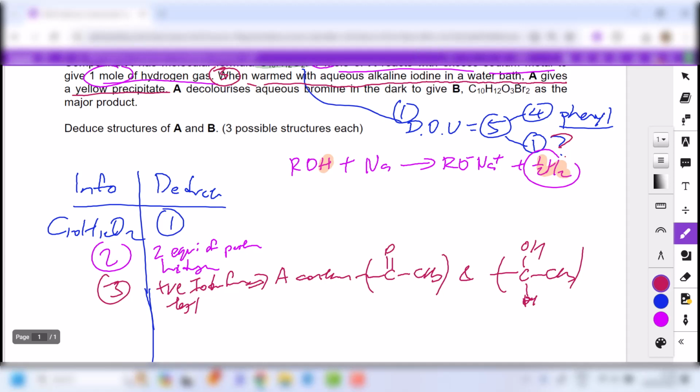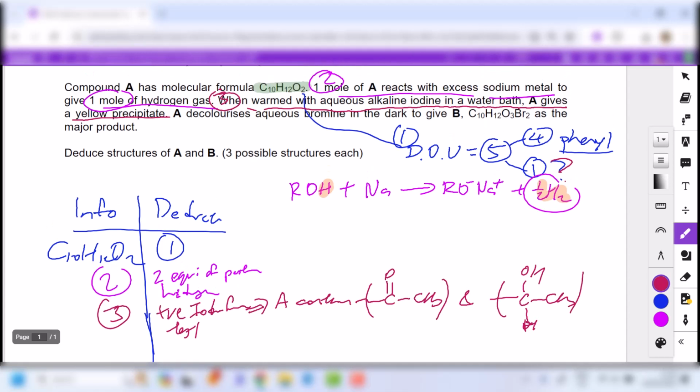You can be quite sure that it is one of the two. Why is that the case? The reason being, we have two oxygens here, and I need two protonic hydrogens. So each of the oxygens must be bonded to one protonic hydrogen.